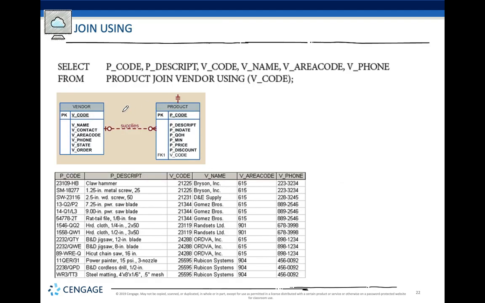This join condition can be, we'll see an example of that. So here's an example. We're joining the vendor and the product tables using the common attribute that exists in both tables, that is vcode, right? And we want 6 columns. We want pcode, description, vcode, so the product code and the product description. Then we want the vendor code, the vendor name, the vendor area code, and the phone number.